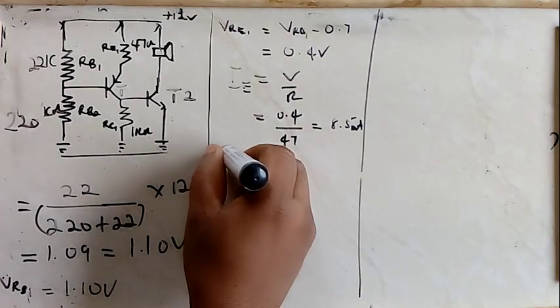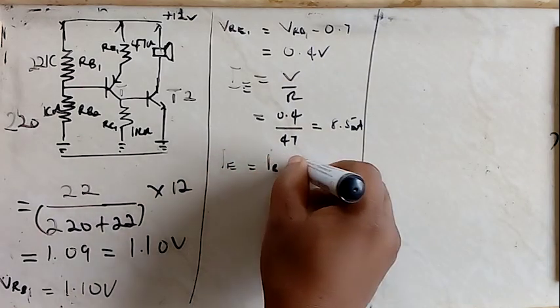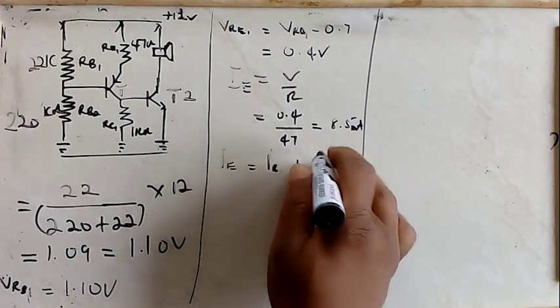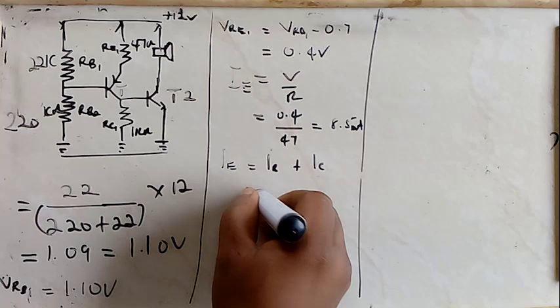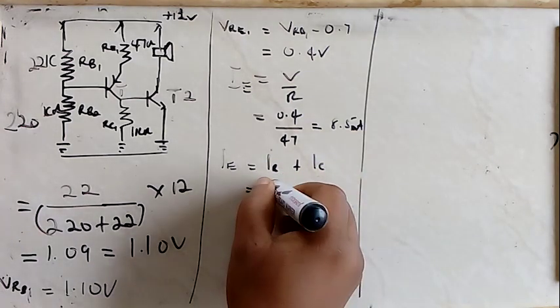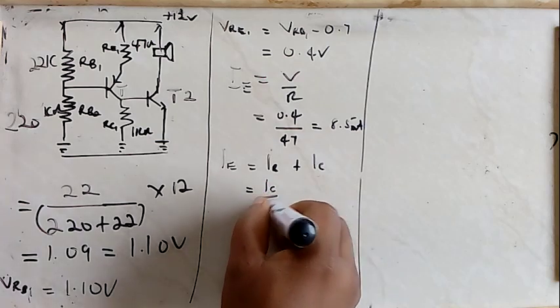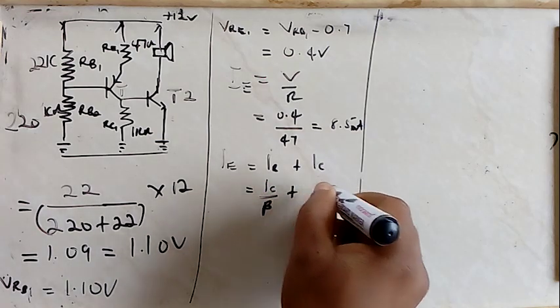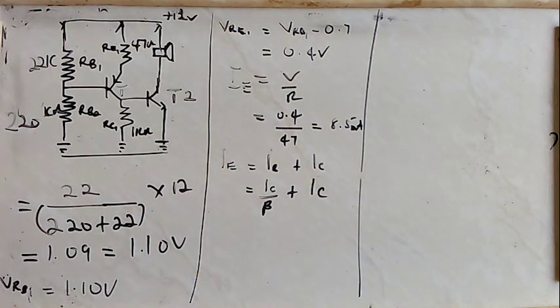We know that emitter current is equal to base current plus collector current. We also know we can find the base current by dividing the collector current by the beta of the transistor. So the equation now becomes this.